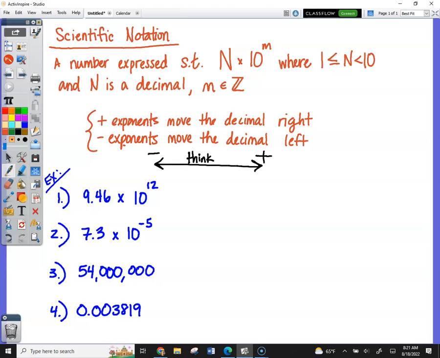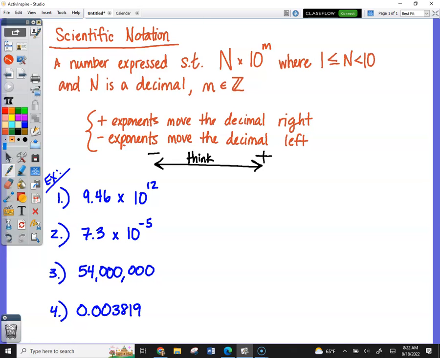So if you're still trying to decide how to do it, you look at the form it's in. This is scientific, which means I'm going to write it in expanded form. Then you look at the exponent and you see, is your expanded form going to be a gigantic number or an itty bitty decimal? Because the exponent is positive, this is going to be a gigantic number.